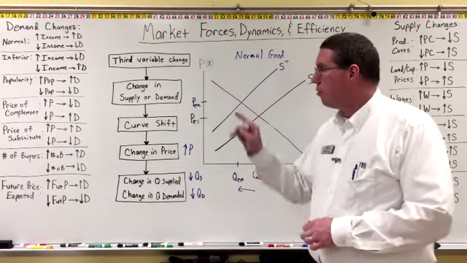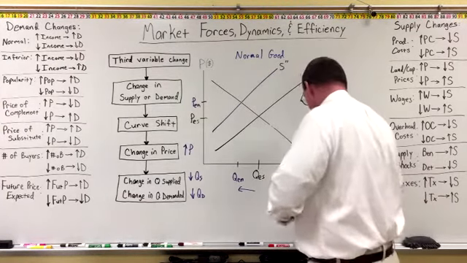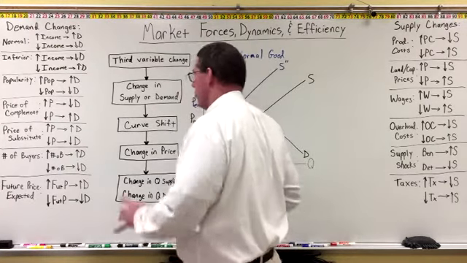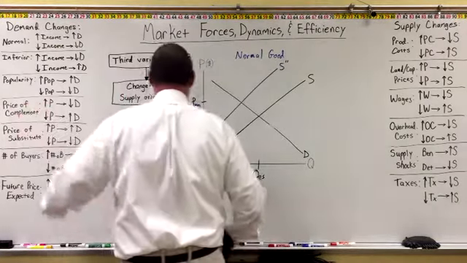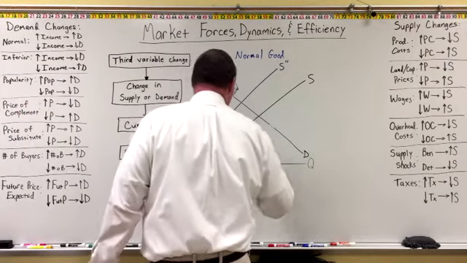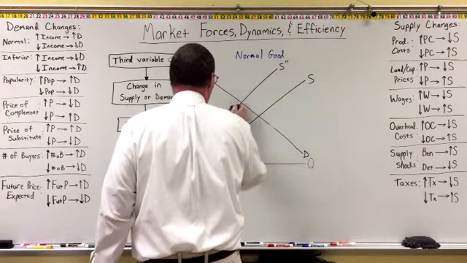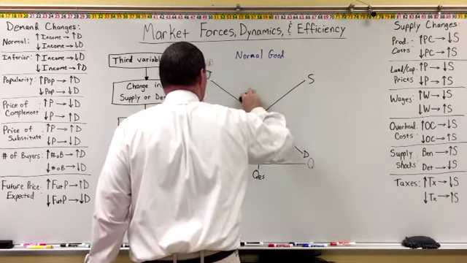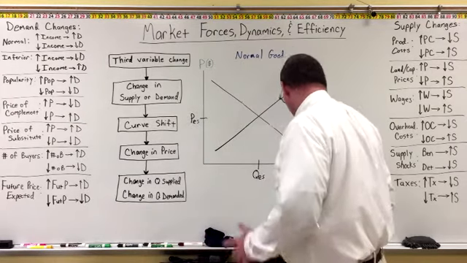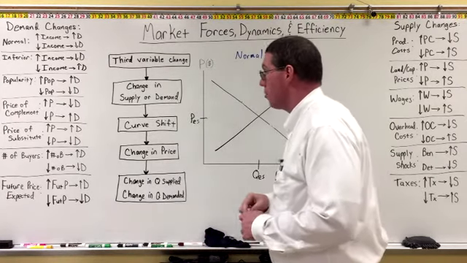Okay? Let's do just one more example over here. Because students really struggle with the idea of a complement or a substitute, let's do one of those problems. So if I were you, I'd put a lot of effort into understanding substitutes and complements, because I don't know why students struggle with it so much.